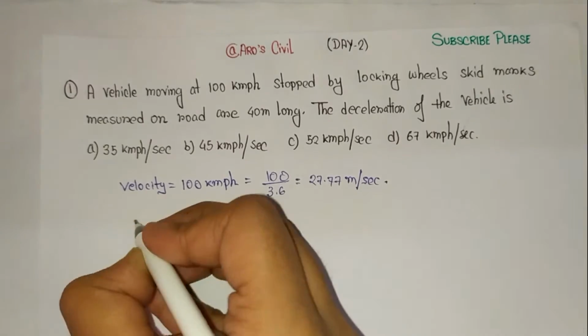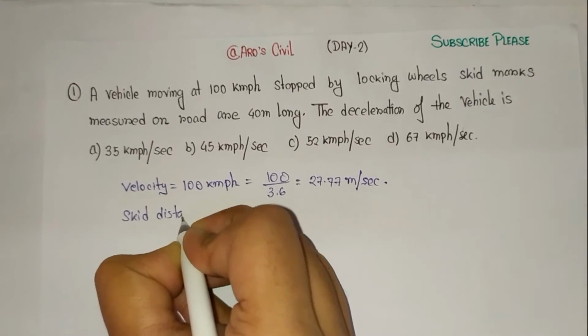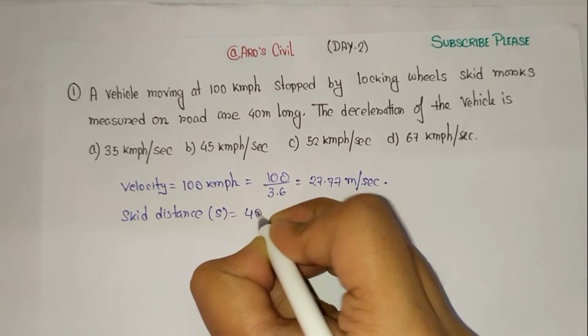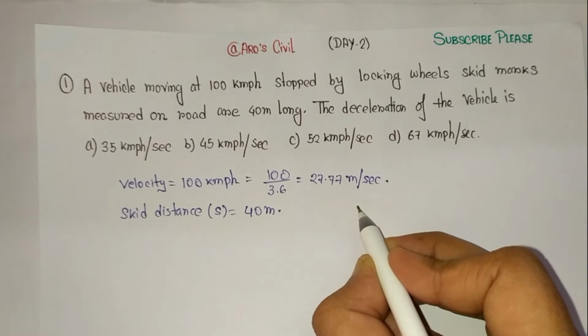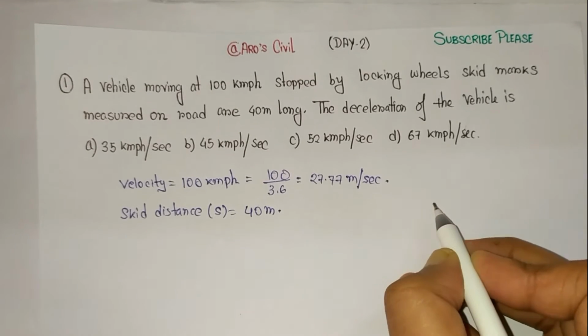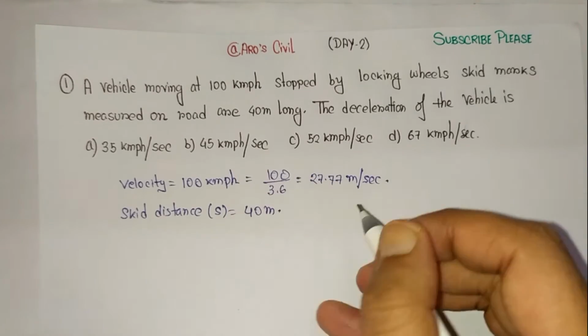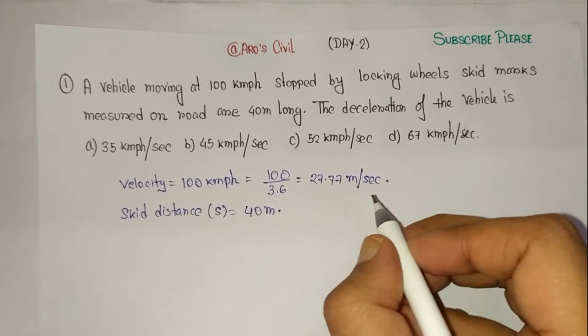Now the skid distance, that is s, given in the question, is equal to 40 meter. The deceleration is the opposite of acceleration. Deceleration means the velocity of the vehicle is reducing, and it will reduce up to 0.